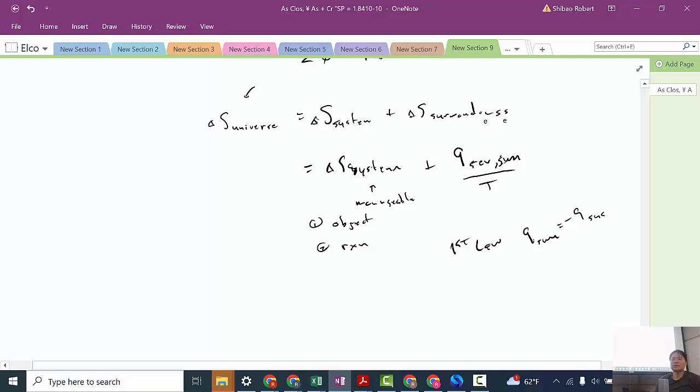So if the surroundings is negative, the system is positive. If the surroundings is positive, the system is negative. The negative just means opposite sign. It does not mean exothermic. It just means change the sign. And so this is going to simplify into delta S of the system plus minus Q reversible of the system over T.